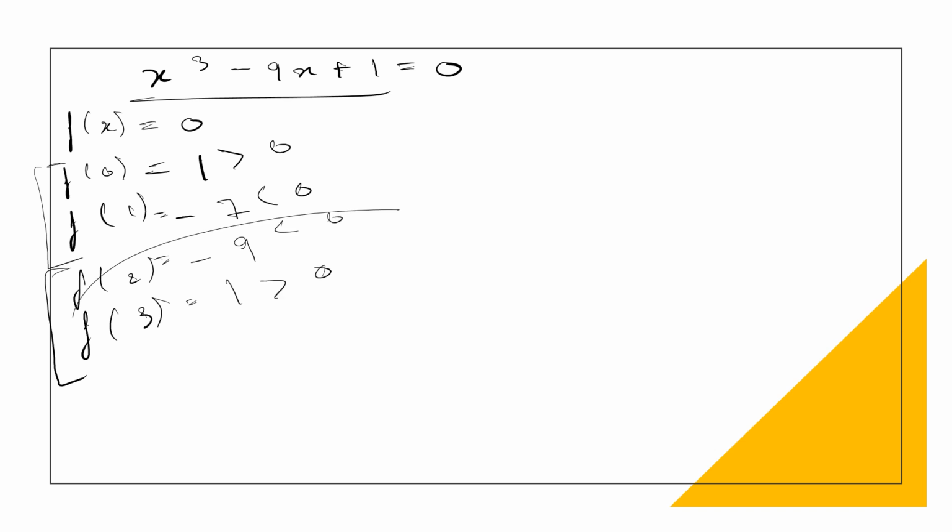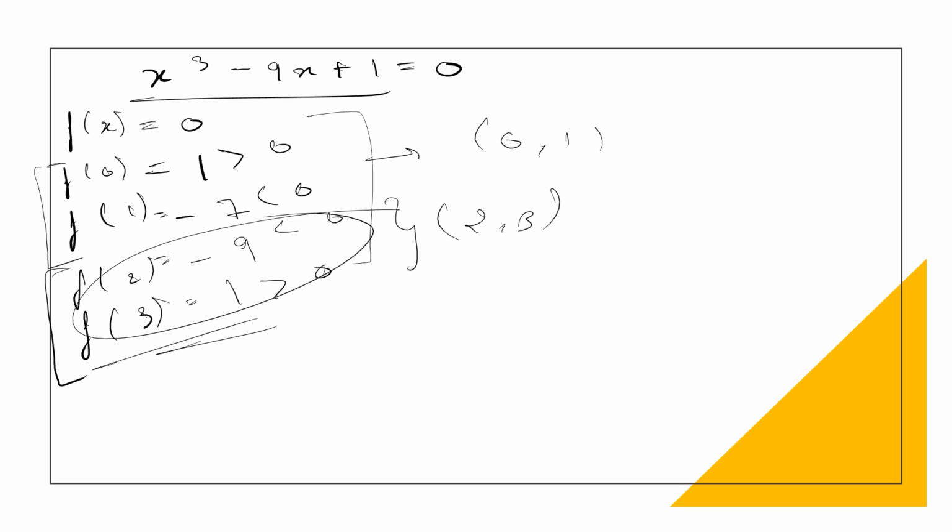So here let's take an example of this interval 2 to 3, right? After finding these out, you will mention the intervals here. So for this area we have the interval 0 to 1, and for this area we have the interval 2 to 3, right? So let's try finding this interval.